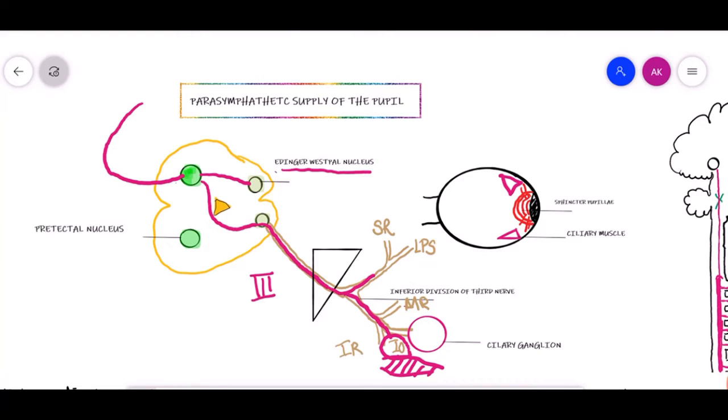From there, they go and relay in an important ganglion which is present lateral to the eyeball, between the eyeball and the lateral rectus muscle. This ganglion is called the ciliary ganglion, and this pathway till the level of the ciliary ganglion is called the preganglionic parasympathetic pathway for the light reflex.